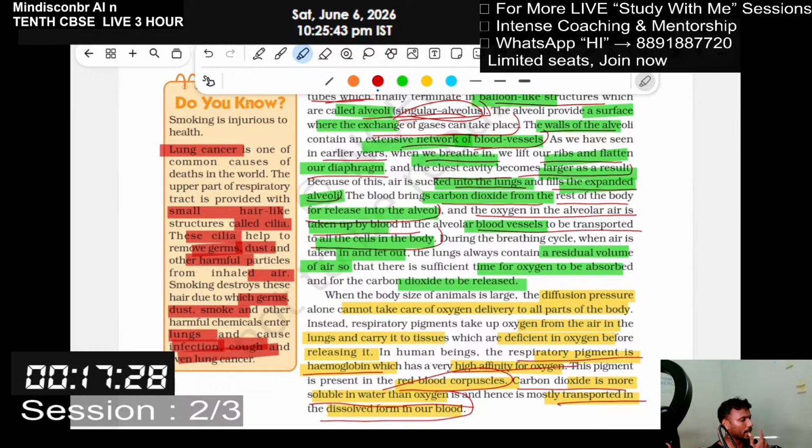The smoke created destroys that hair cells, and when the hairs are destroyed, the germs, dust, smoke, etc. enter easily through the nostrils and enter the lungs. And the major disease or common cause of smoking is lung cancer.